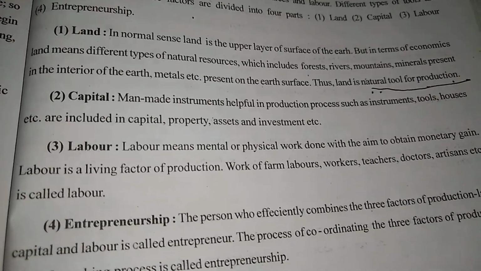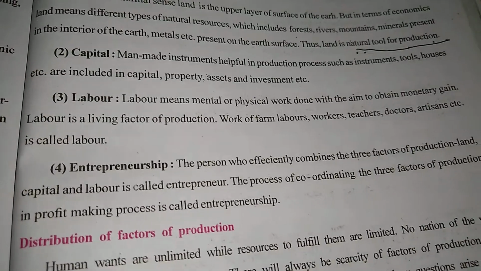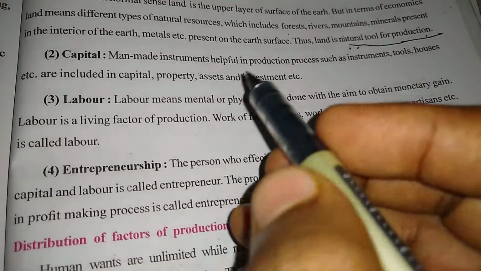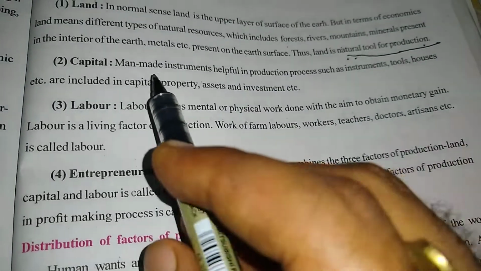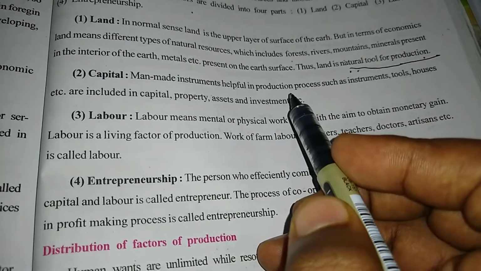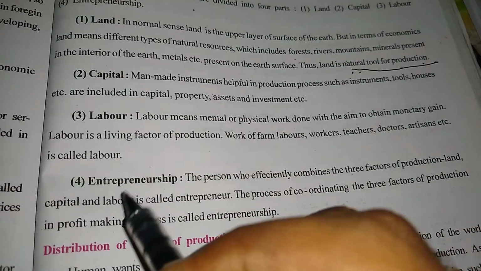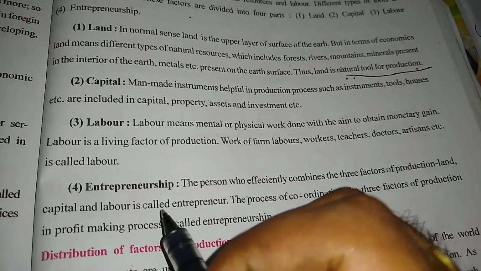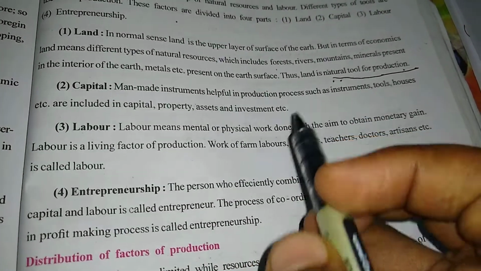Now, the second factor of production is capital. Whatever man-made instruments are helpful in the production process, I repeat, all man-made instruments which are helpful in production are called capital. For example, I have a plant. The plant is a man-made instrument, and it is helpful in the production process.